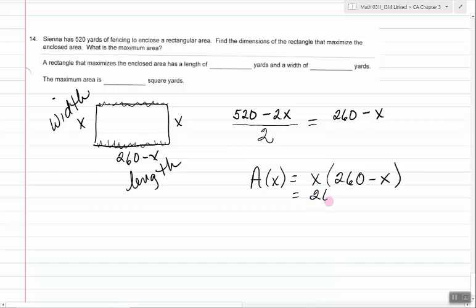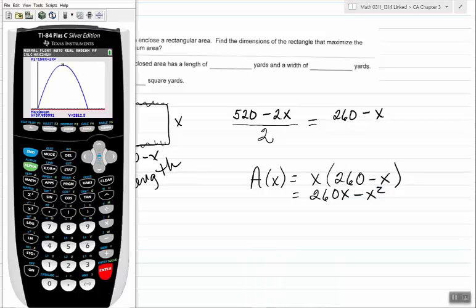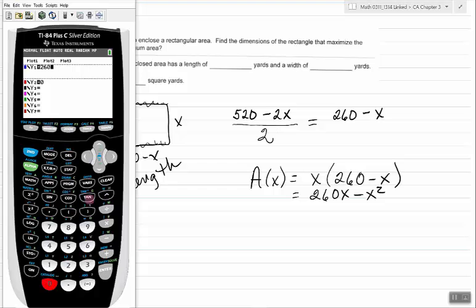It is 260x minus x squared. If I want to maximize the area, this is a quadratic. Maximum occurs at the vertex. So I will put in x, 260x minus x squared. And I'm going to go ahead and eliminate that x equals 0 because I don't need it.